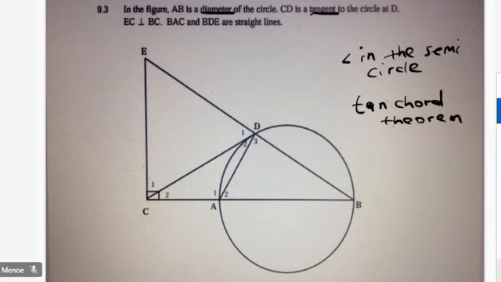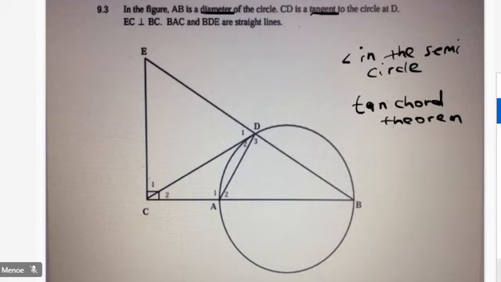You know the tangents from the same point, but in this case we do not have two tangents, so we can't write reasons that we are not going to use. You will not need the reason of tangents from the same point. So we can proceed.